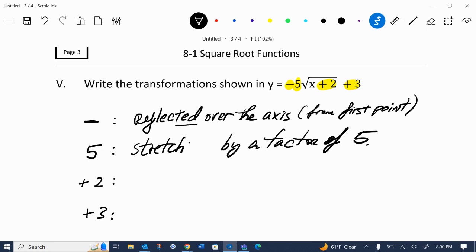Since I said reflected here, I'm going to do stretched here. And then I'm going to do translated. So first for the 5, it's stretched, and by that much, by multiplying by 5. So we have reflected and we have stretched. Now we have translated.